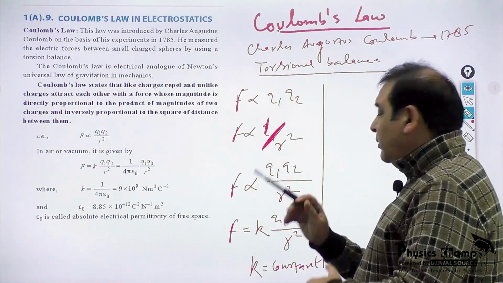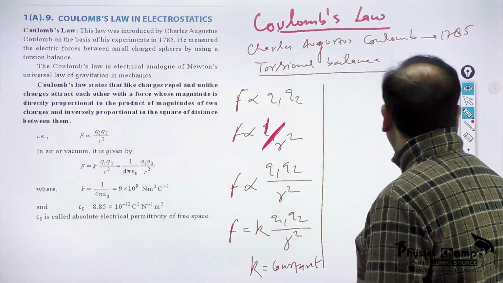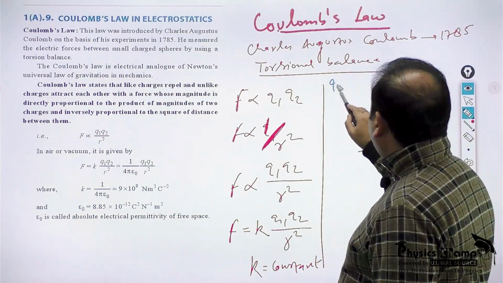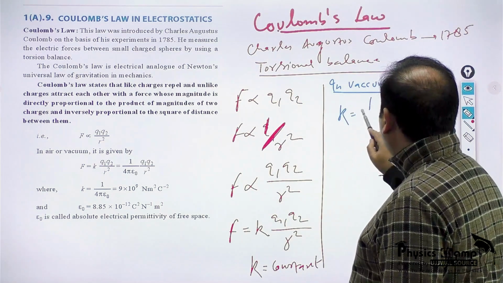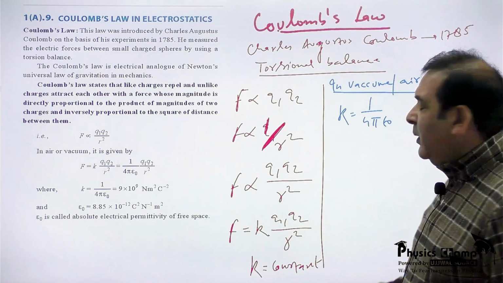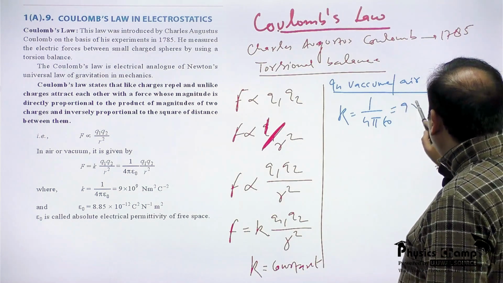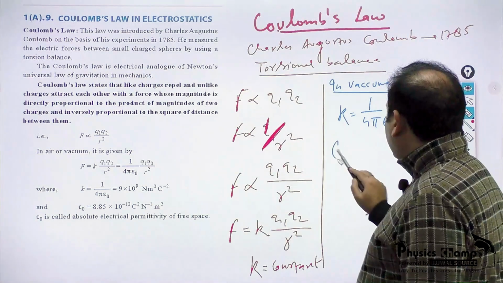Now if we describe this constant k in vacuum or in air, k has a value 1 by 4 pi epsilon naught, and k has a value 9 into 10 to the power 9. Now what is this epsilon naught?